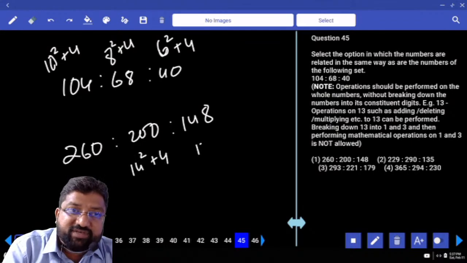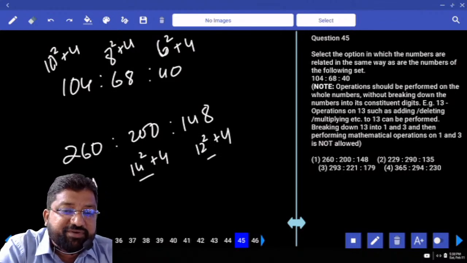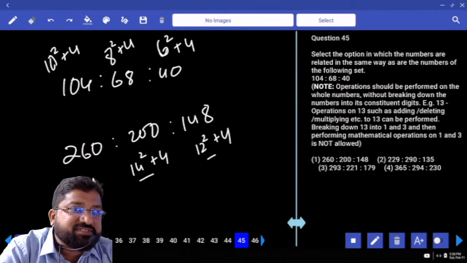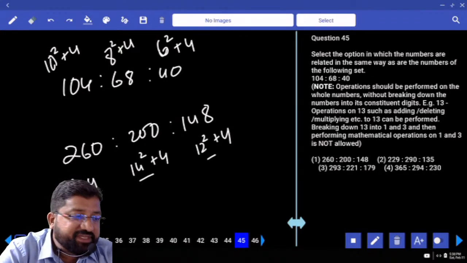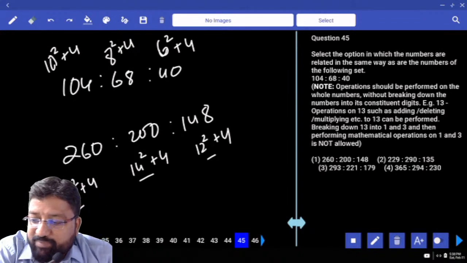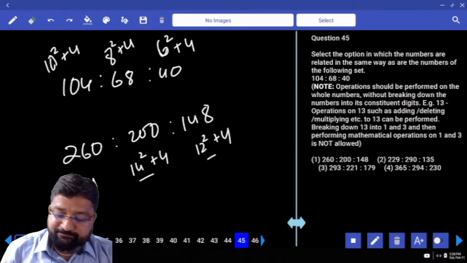Next is 12 square. 144 plus 4. 16, 14, 12. Consecutive even numbers in descending order. Is this clear? Any guesses? Is there any other option which can be represented as a square plus 4 in the form? No.